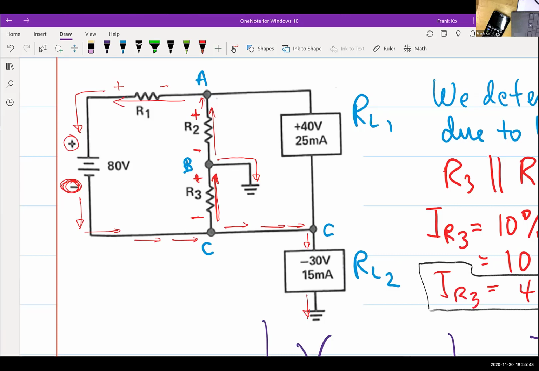And through this larger loop right here, the current is flowing through this loop. Hard to point on my screen, but through this loop on the left-hand side, the current is flowing counterclockwise.